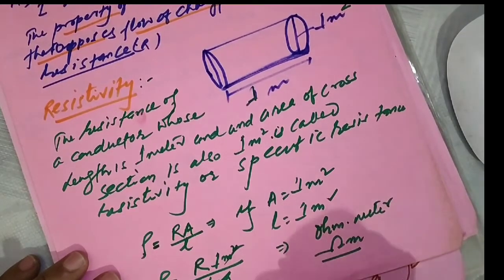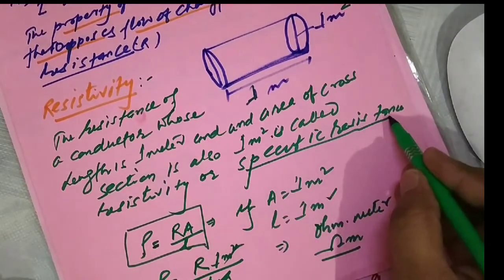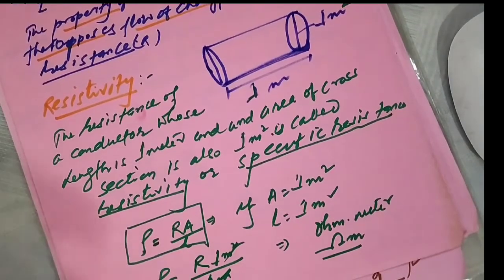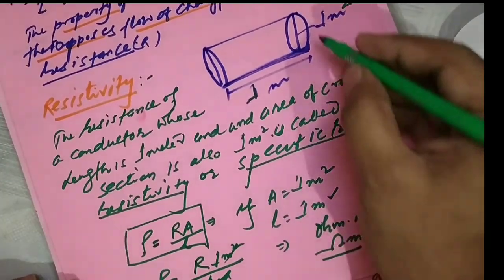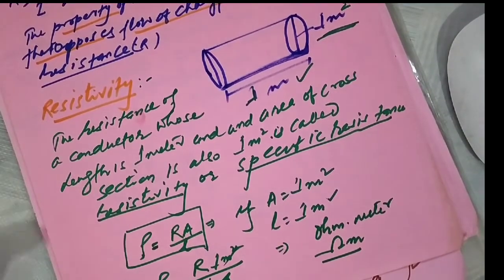The SI unit of resistivity is ohm meter. It is the resistance of a conductor whose length is 1 meter and area of cross section is 1 meter square.